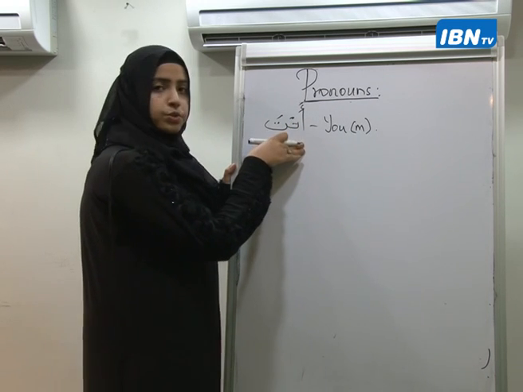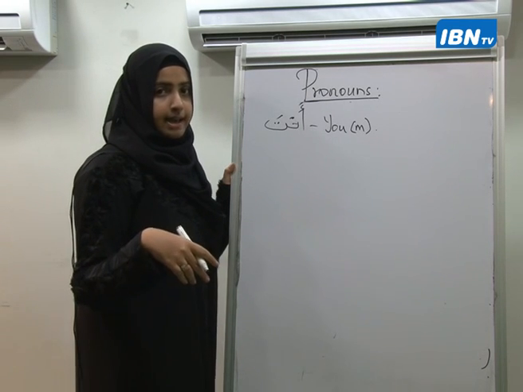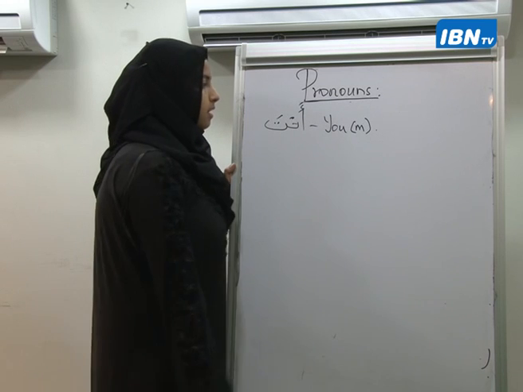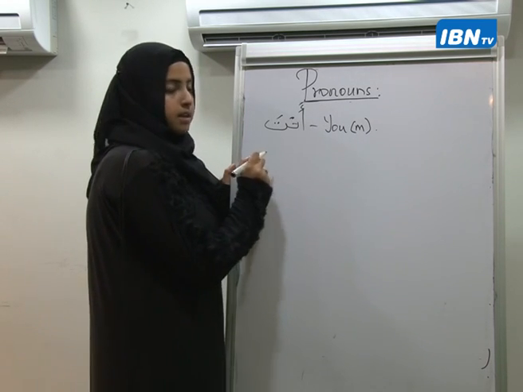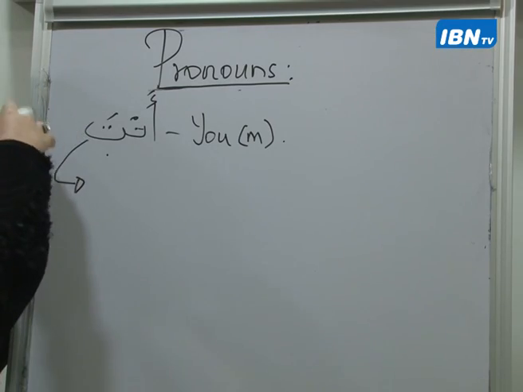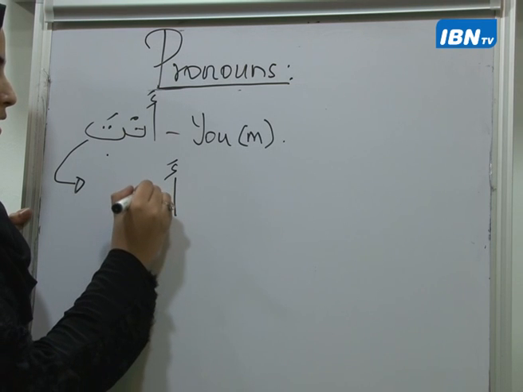Now I want to make this into dual, two. So what will I add? I will add meme plus an alif, right? So if I want to change this into dual, I will simply add a meme and an alif, so I'll have antuma.